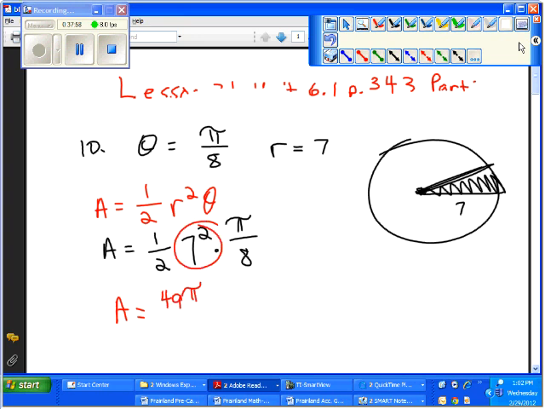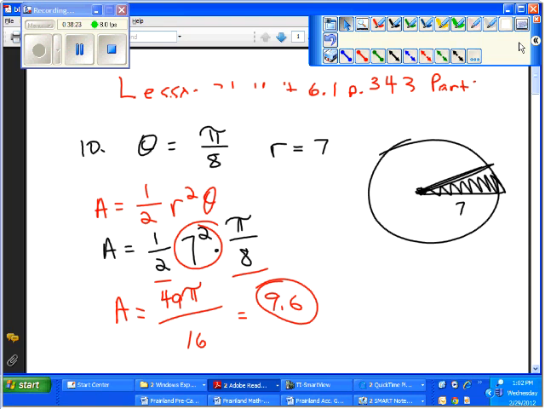It goes on top with the pi. On bottom, we've got a 2 and an 8, which would be a 16. So we'd have 49 pi over 16 once we do the multiplication. That's the exact answer. And then 49 pi over 16, excuse me, I said 18, comes out to be rounded to the nearest tenth of 9.6.